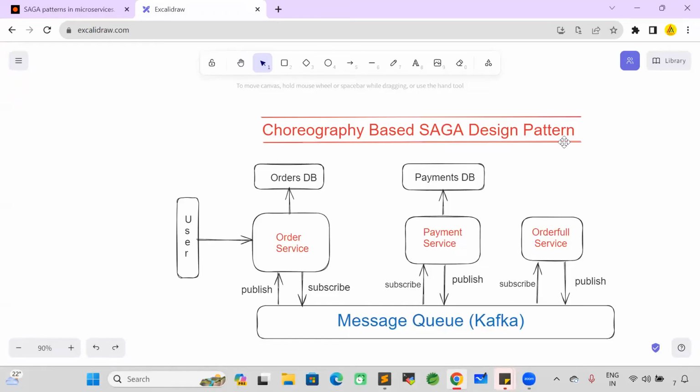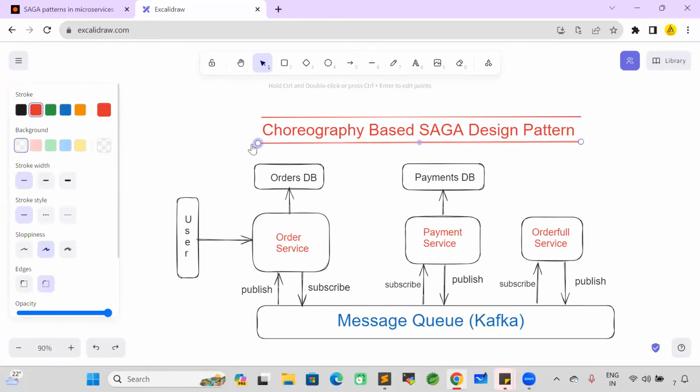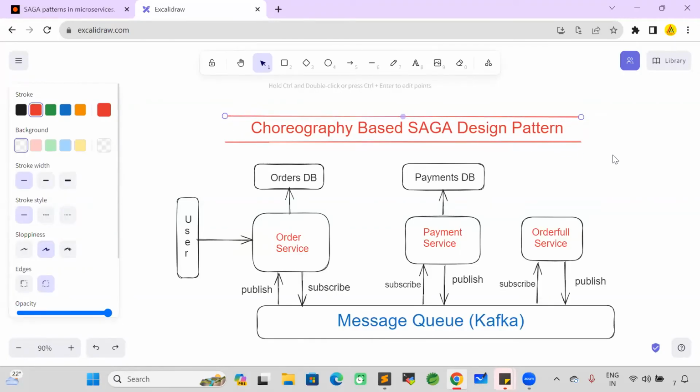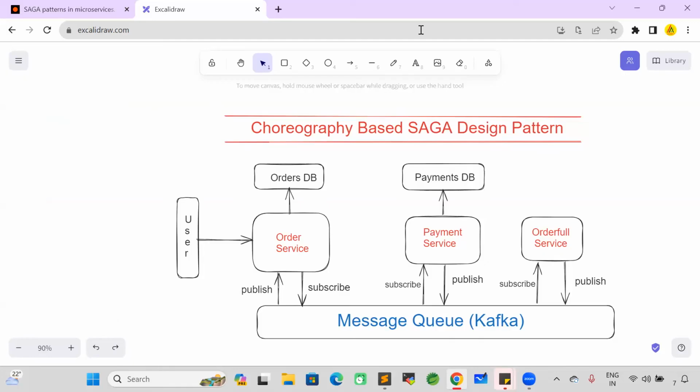Sir, can you share the document? I request you, sir, one project you can develop for the whole microservices using Spring Boot. Okay, thank you.